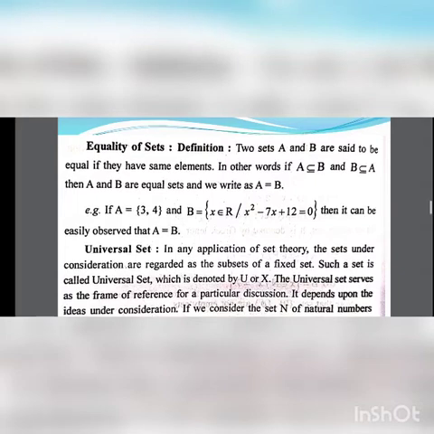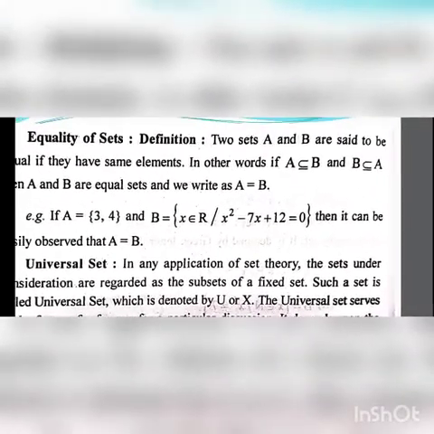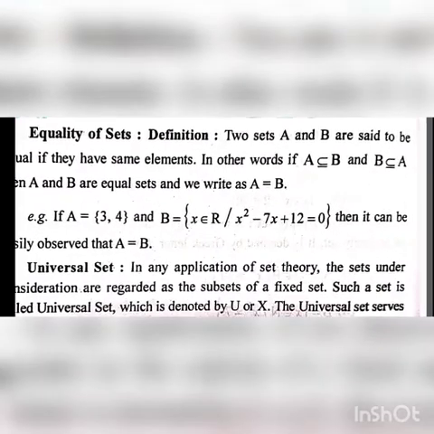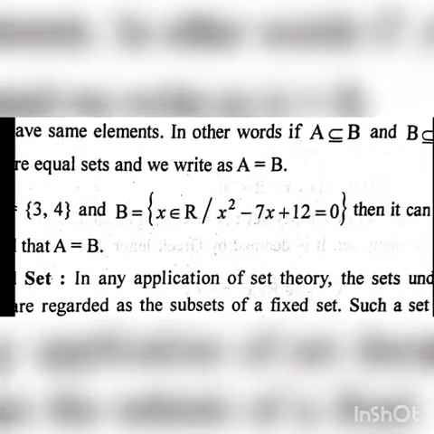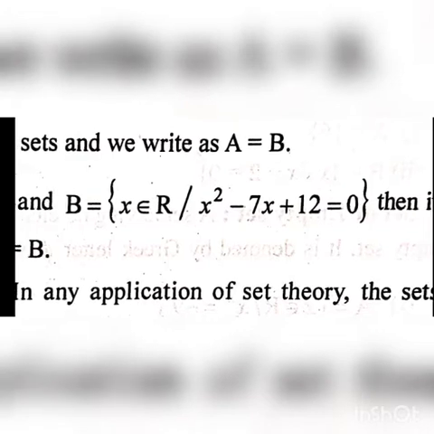See example, if the set A equals {3, 4} and set B equals {x belongs to the set of real numbers such that x² − 7x + 12 = 0}, then it can be easily observed that A = B. So how? See, the set B contains x belonging to the set of real numbers such that this condition is fulfilled, x² − 7x + 12 = 0.